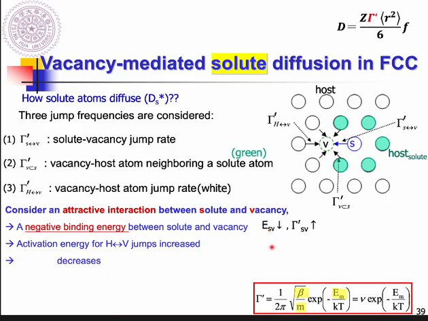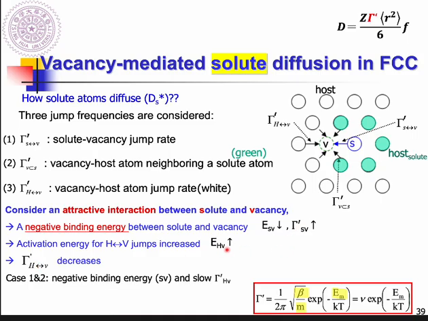So the gamma prime SV, the solute vacancy jump rate, will be higher. But for host vacancy, the energy barrier will be higher, so that leads to a lower gamma prime.